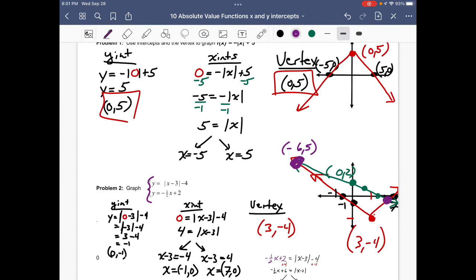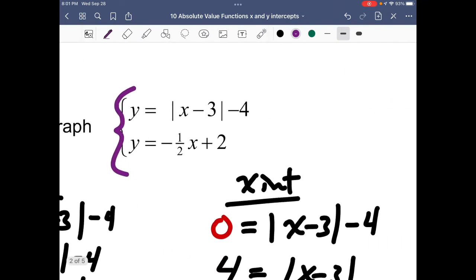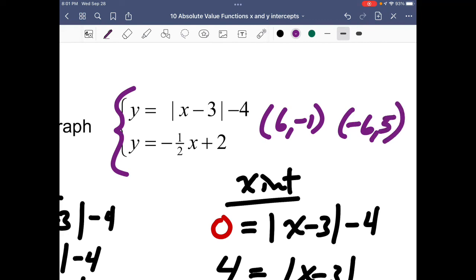Here's -6, 5, and here's 6, -1. Remember, solving a system is a matter of finding intersection points. In case you got lost, that was the goal of the problem, to find those 2 purple points.